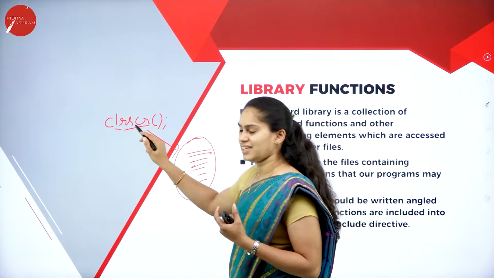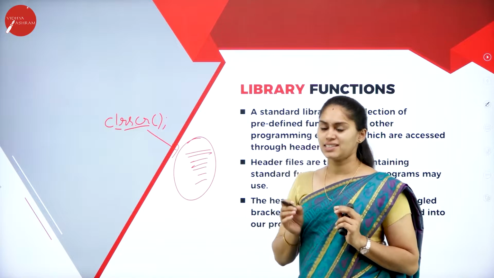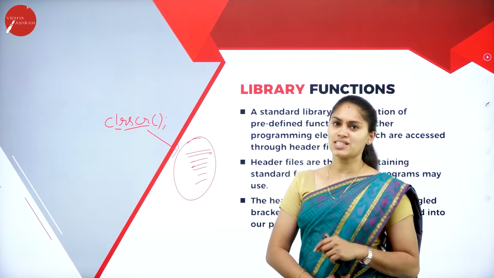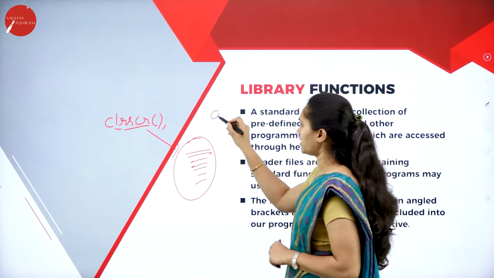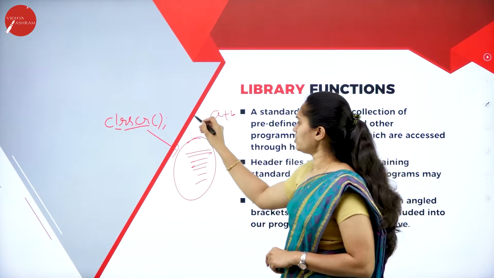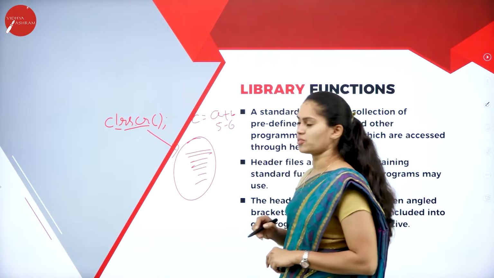Behind this CLR SCR we have n number of lines of code to erase the content of the previous program's output. For example, I just want to find the addition of two numbers, and it takes 5 to 6 lines of code.